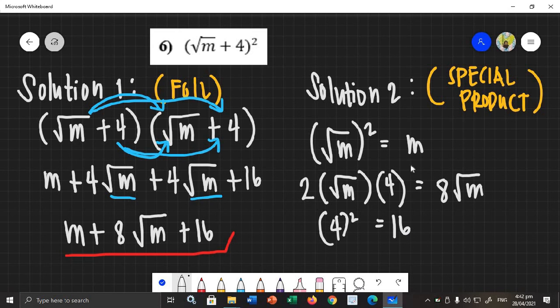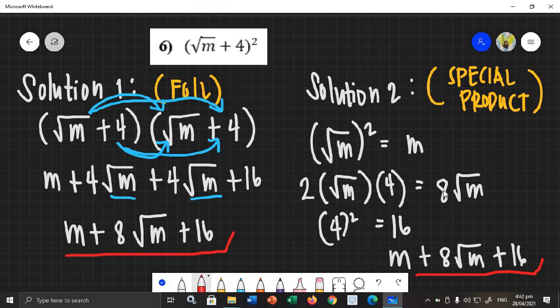And then, we need to combine the products that we get. So, we have m plus 8 square root of m plus 16. As you can see, you did get a similar answer. No? But then, kung alam niyo yung special products, mas mabilis niyo siyang makukuha.